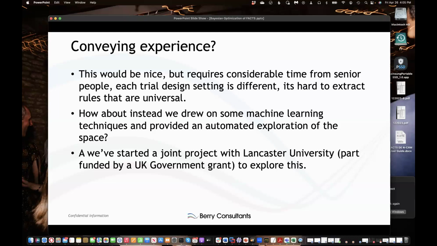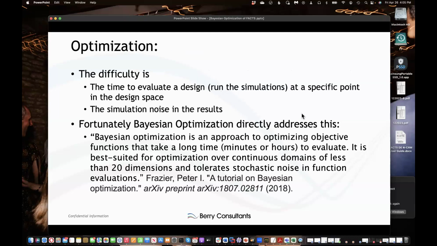That's what we've started this project with Lancaster University to look at. Our difficulty is that we need to evaluate a design at any particular point we're interested in in this space of design options. We need to run the simulations and get operating characteristics, and the results are noisy.